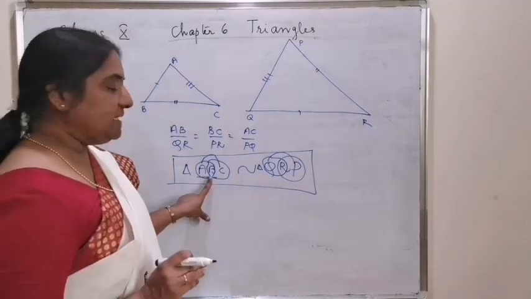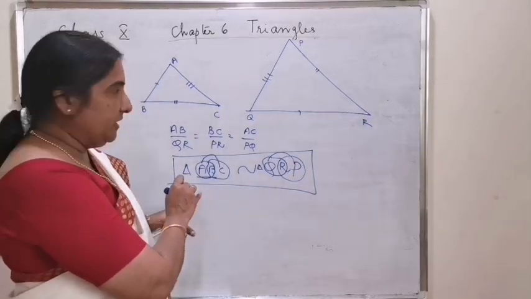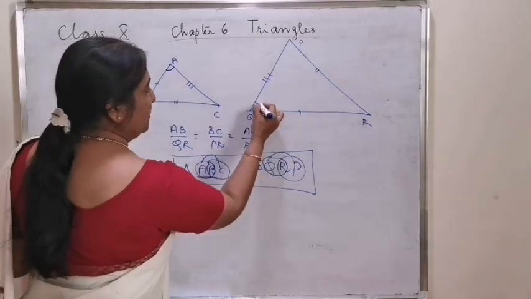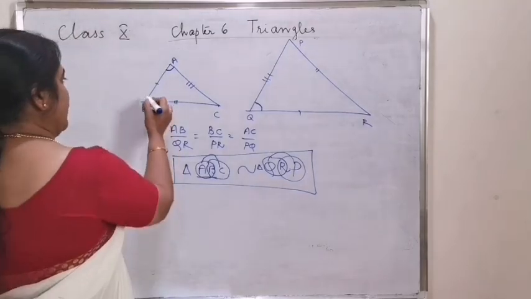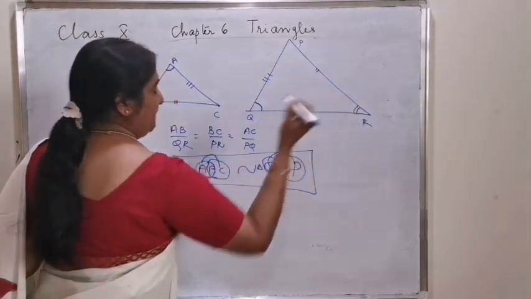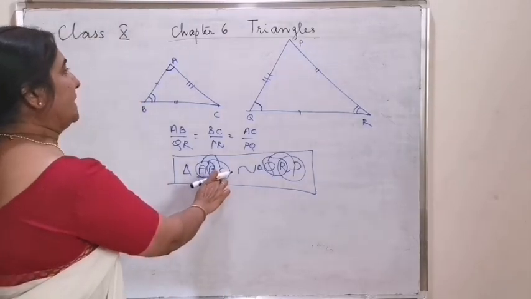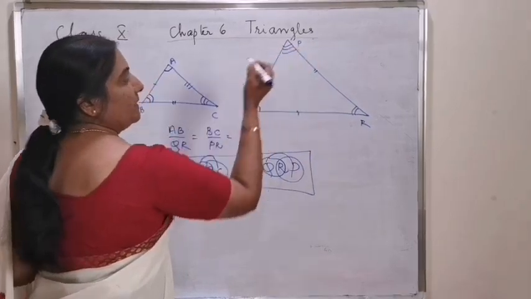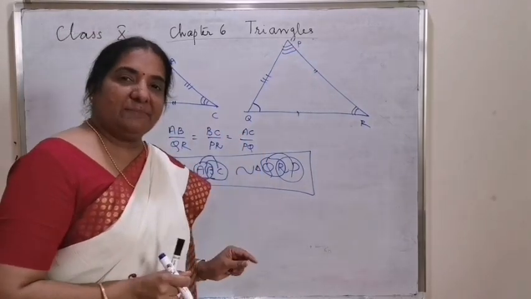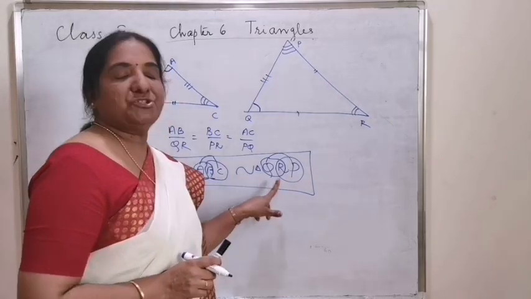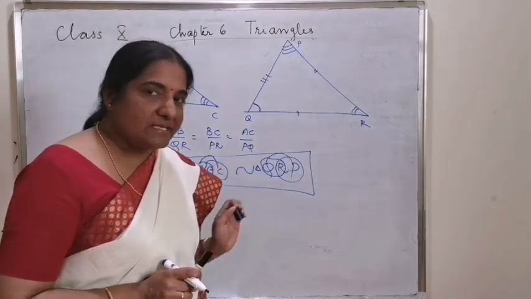Once you write the sides in the correct order, angle A will correspond with angle Q, angle B will correspond with angle R and angle C will correspond with angle P. Thus, the triangle similarity is triangle ABC similar to triangle QRP in this figure.